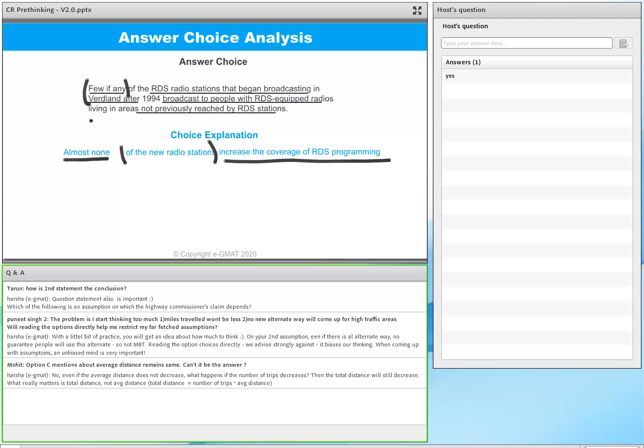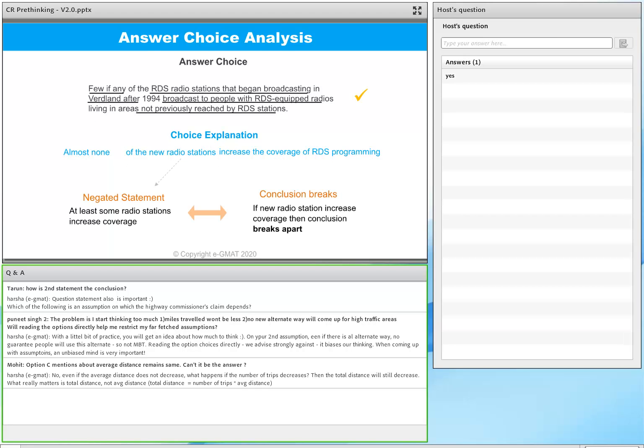So we are not putting the new stations in areas where people had the radios but had no coverage. Let's do the negation test on this. The negation is that at least some radio stations increase coverage. If at least some radio stations increase coverage, can you really say that the number of people who receive this special program information between 94 and 96 did not change a whole lot? No, you can't say that.